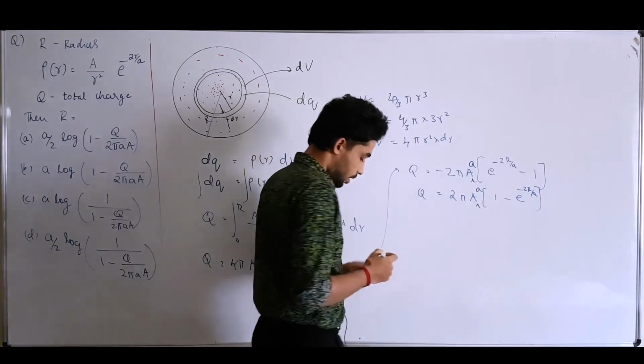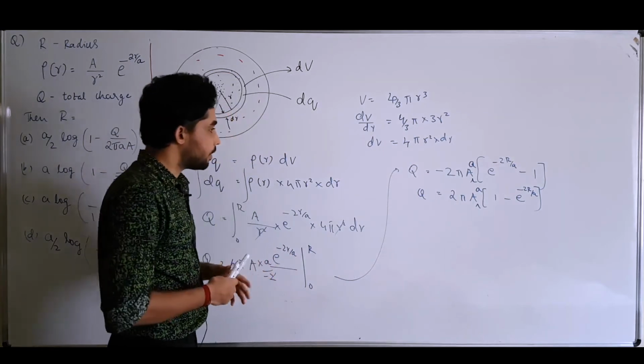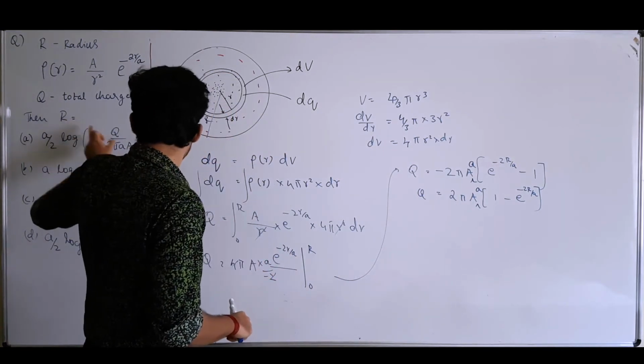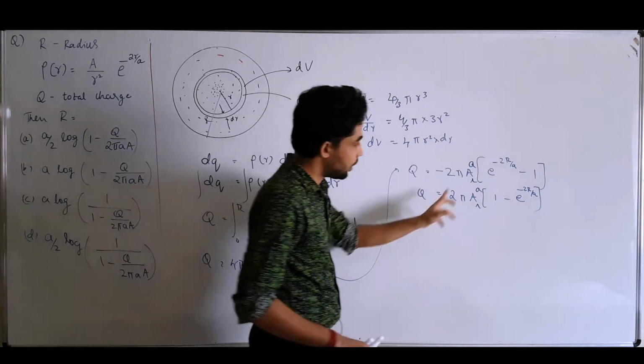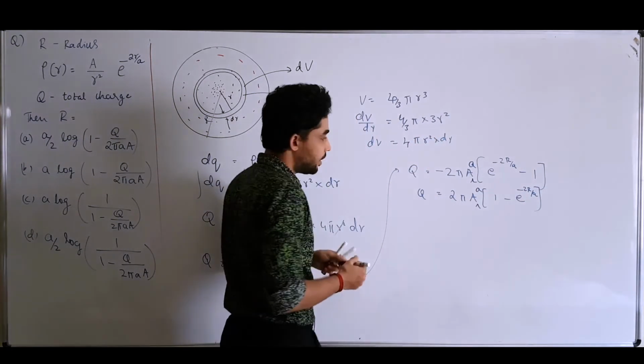Here in the question they have asked for R to be expressed in terms of Q, but we are getting Q in terms of R. So I just have to rearrange everything.